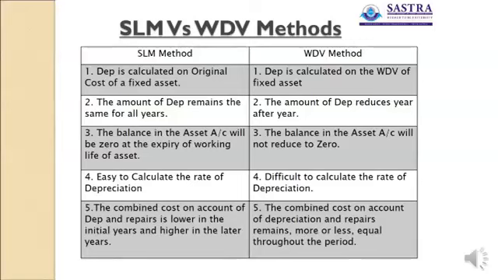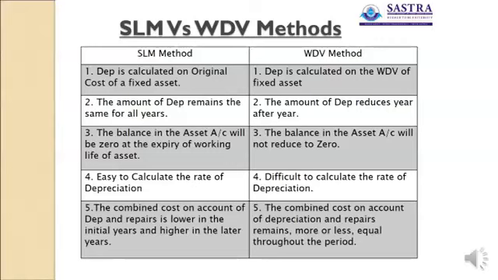Do you understand? Factually, the balance in the asset account will be zero at the expiry of the working life of the asset where the straight line method is used, whereas the balance in the asset account will not reduce to zero in the written down value method. There will be some value, known as the balance or scrap value.